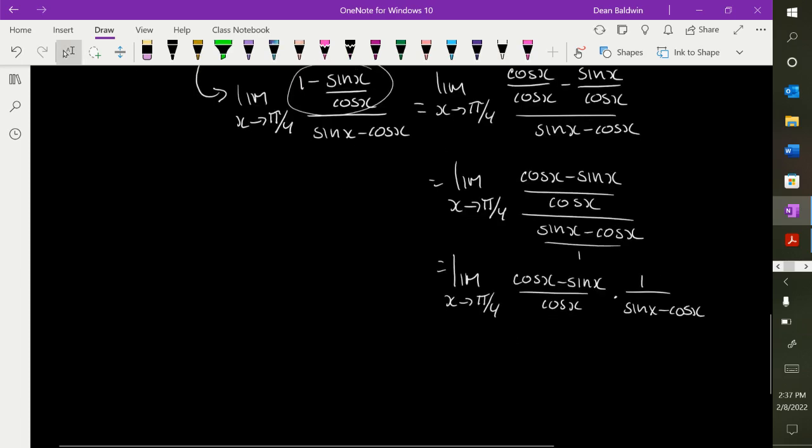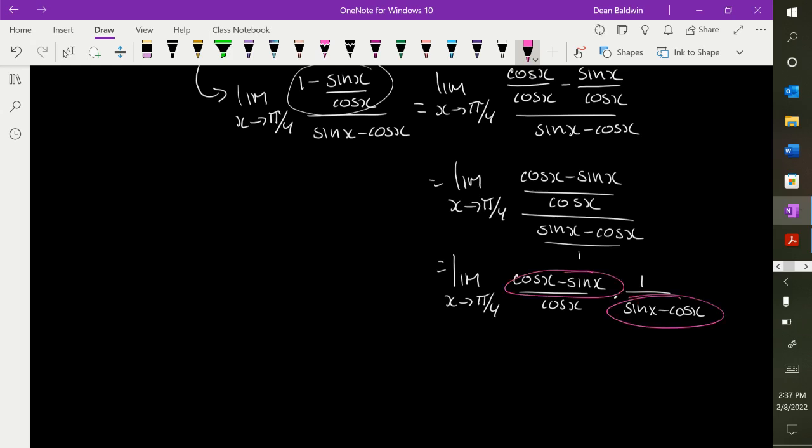Okay, now these two look like they want to cancel except they're opposite signs. Factor a negative out of one of them, it doesn't matter which one. So I will do the numerator. If I take a negative out of here, that's going to flip all the signs.